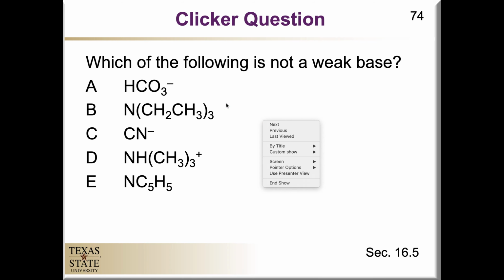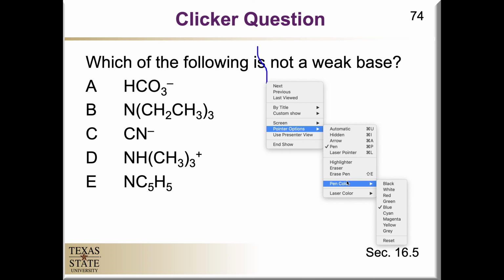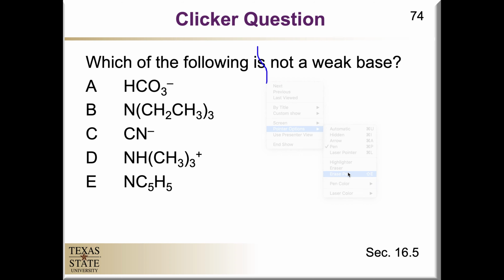All right, so I'm hoping that you were able to recognize a couple of things. In order to answer this question, the first thing that we need to do is remember what the various types of weak bases are.